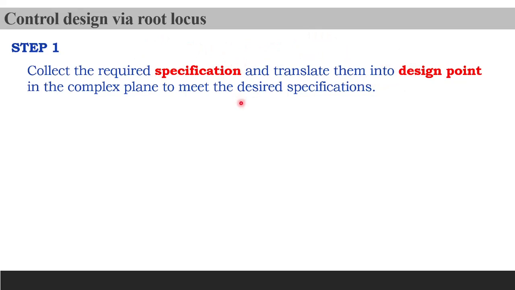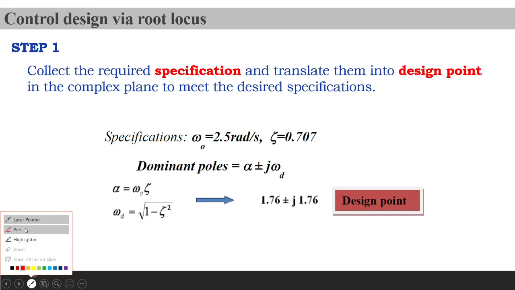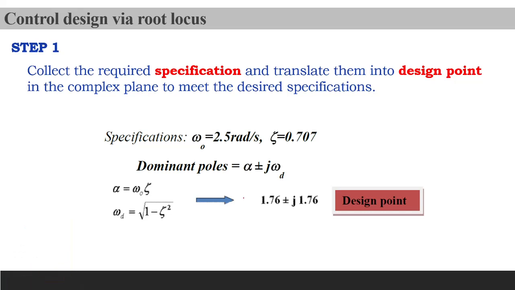So how can we do that? Let's say, for example, we have been given a specification where our customer wants us to design a system with omega naught equals 2.5 radians per second and zeta equals 0.707. So of course we can clearly see that this is an underdamped system, right?